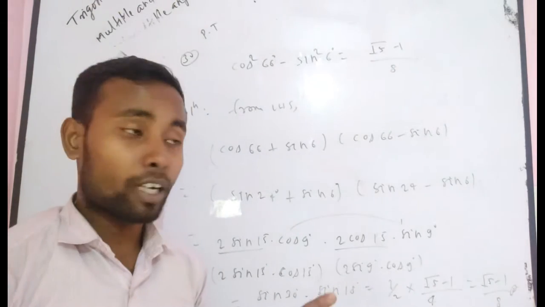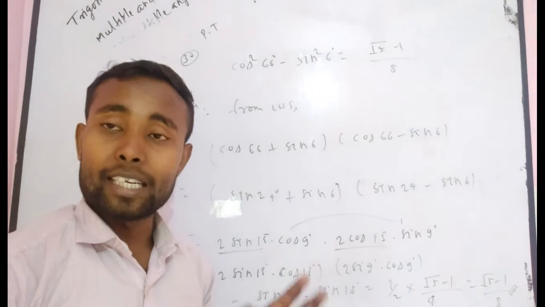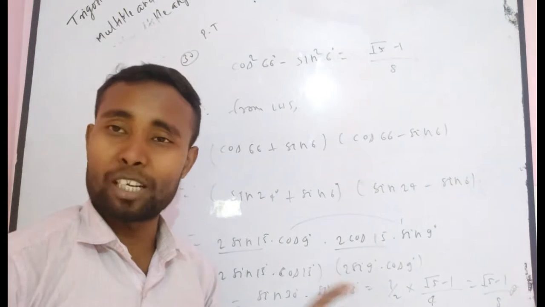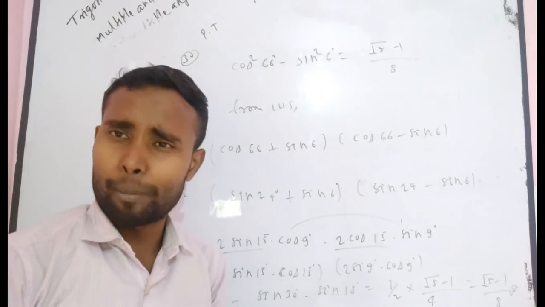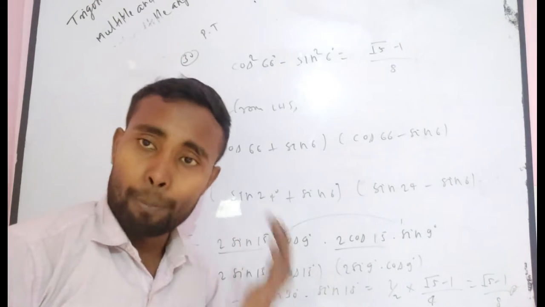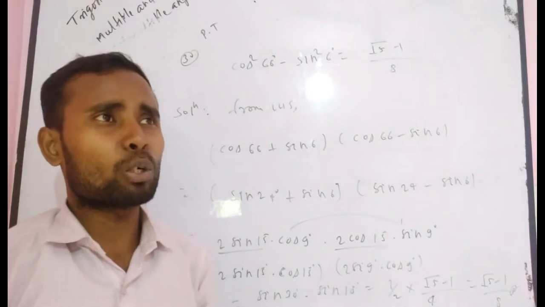But after that, you get also some other trigonometric values such as 18 degree, 15 degree, or a linear combination of multiples of 15 degree. If you know 15 degree, you can find the value of 15 by 2, 15 by 2 by 2, and similarly 15 into 2 into 2.